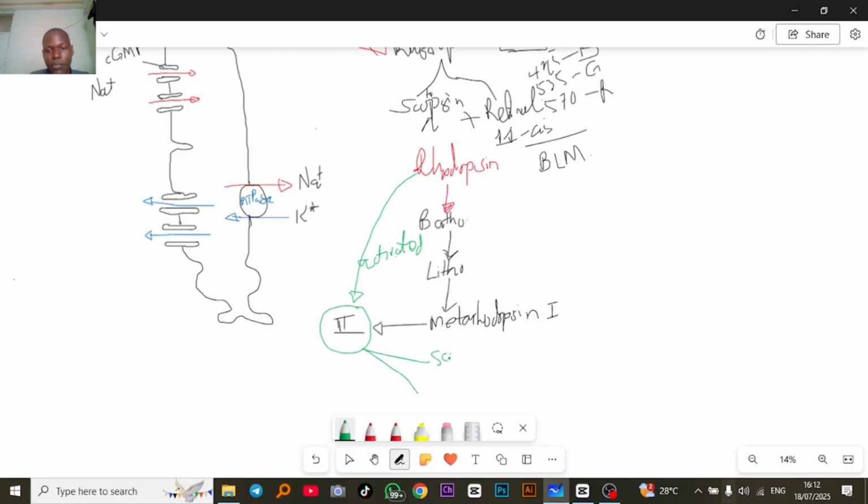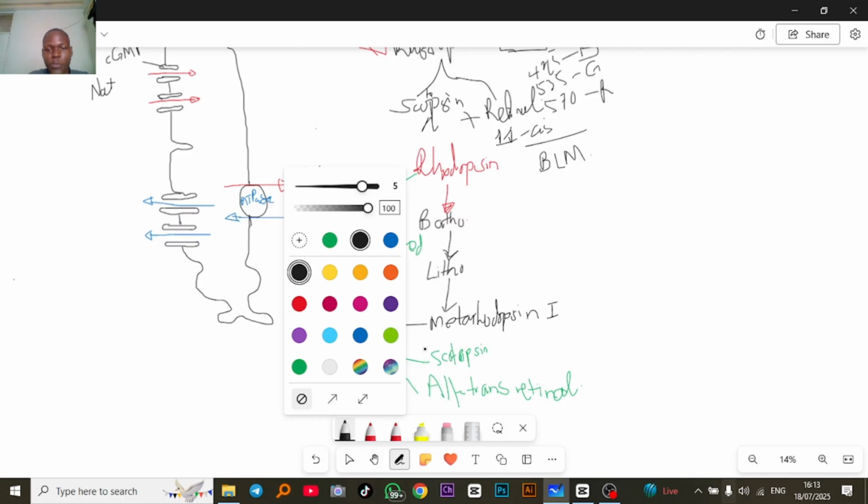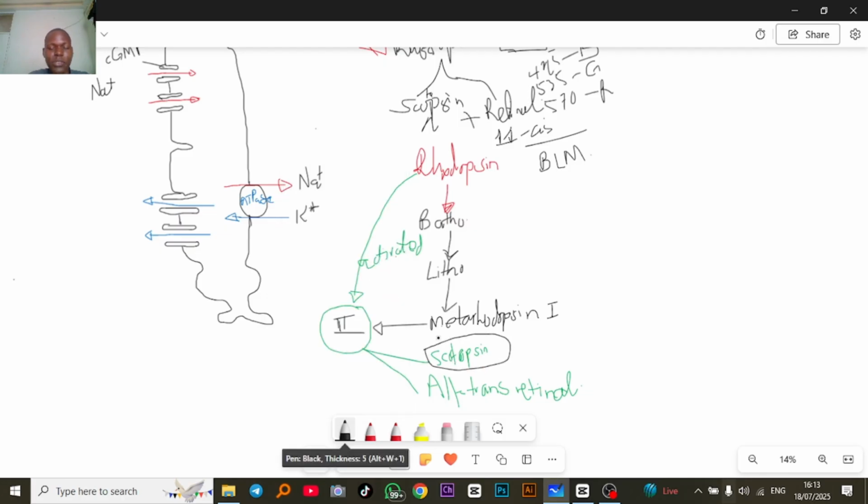Scotopsin will be formed, and the other one, the dissociated retinol, doesn't remain as 11-cis, but changes to all-trans retinol. That's how it will turn out to be. So this scotopsin will now drive the further reactions that will occur.